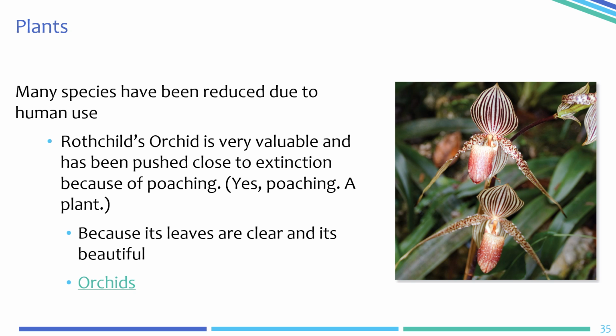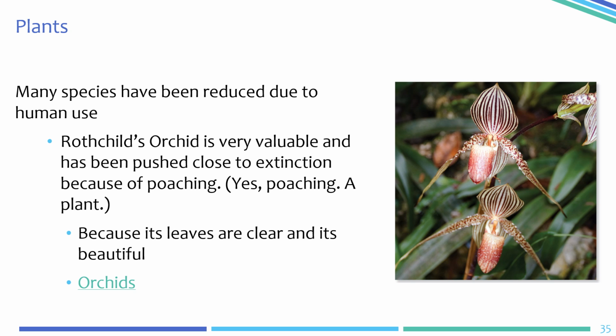Rothschild's orchid. This one was pushed close to extinction because of poaching. And I don't know about you, but I don't normally think of people poaching plants. I think of people poaching rhinoceros and elephants for their tusks. But this is a very weird example of a really cool plant that collectors all over the world were trying to get.